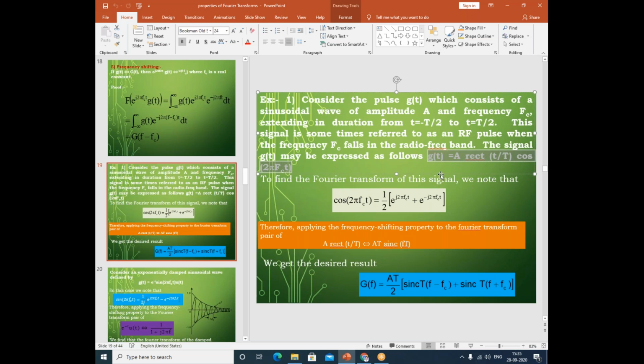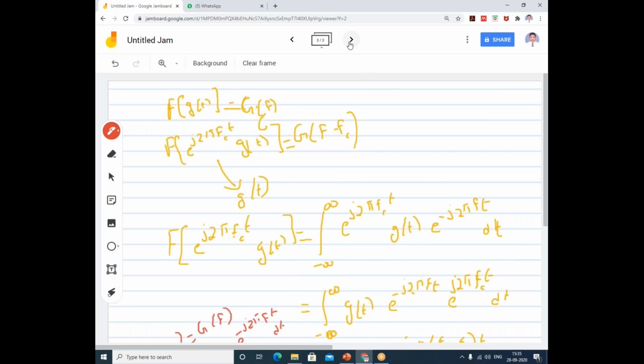So I am going to take this example, g of t equal to A rect of t by T cos 2 pi fct, to solve the problem.